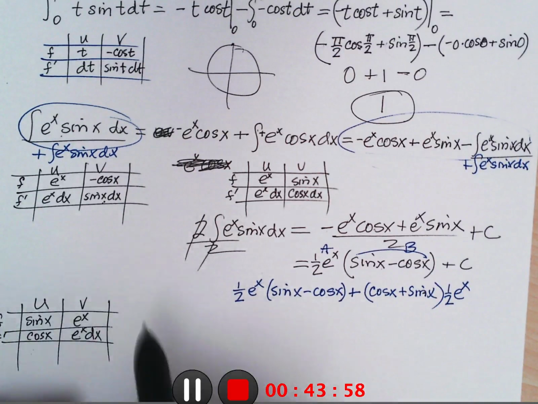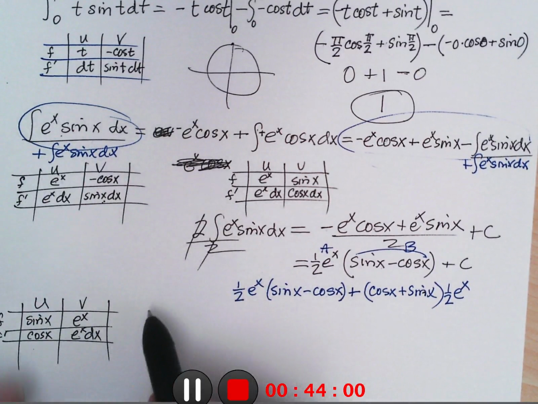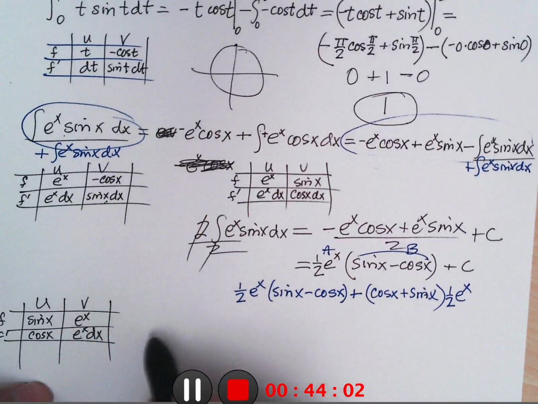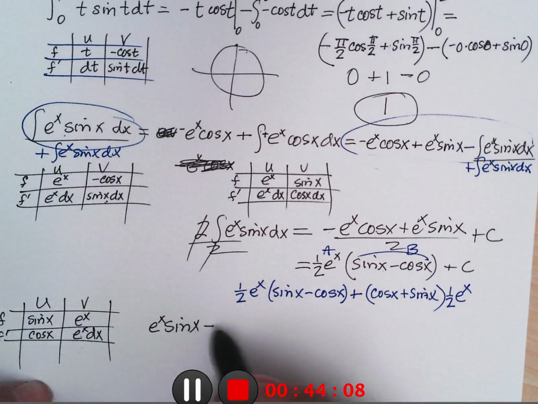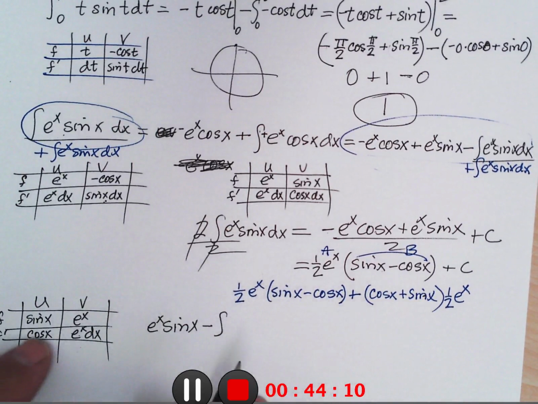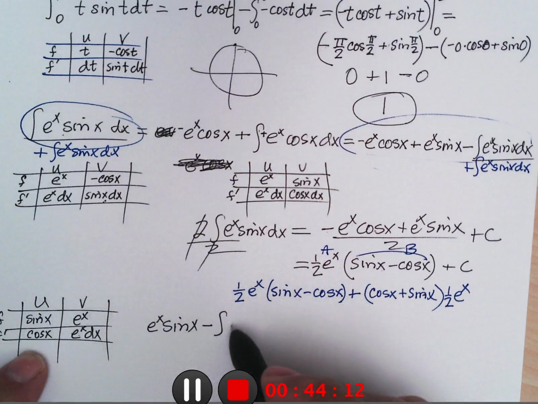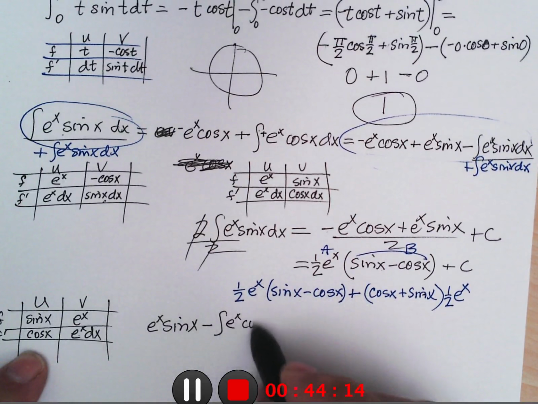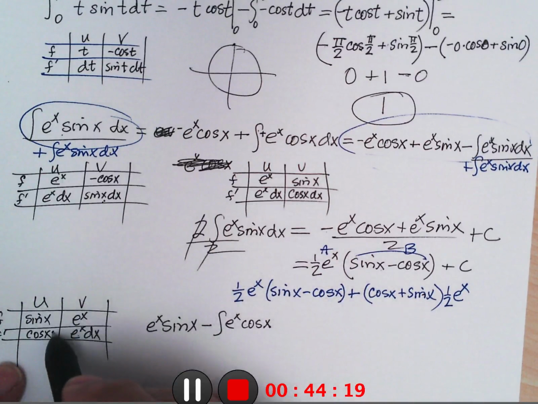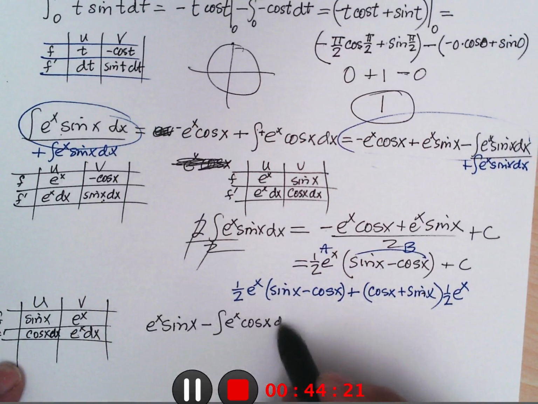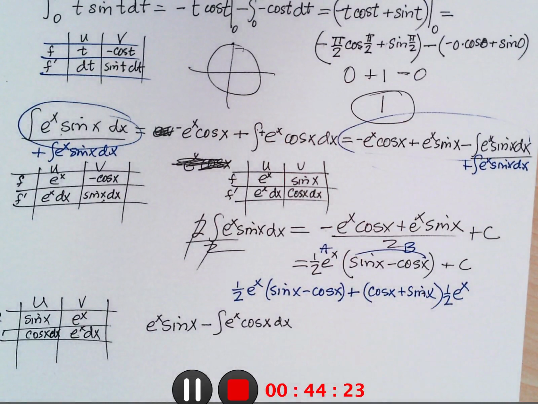This would become u times v, e to the x sine x, minus the antiderivative of these, which would be e to the x cosine x. Oh, I forgot the dx. dx. And now I've got this.